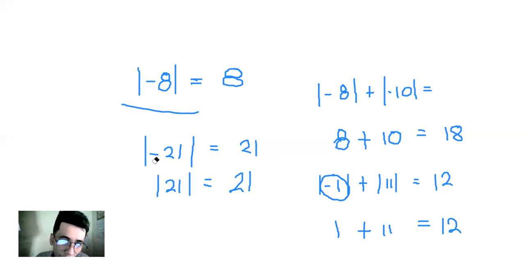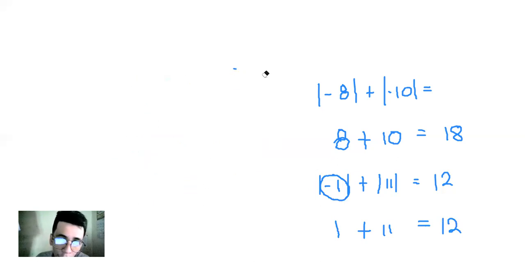So basta nasa loob siya ng absolute value, magiging positive yung value niya. Kailan lang siya magiging negative? For example, ganito. For example, nasa labas yung negative sign, then we have the absolute value of 11. Itong negative sign, hindi na siya sakop ng absolute value. So, ang magiging sagot natin dito is negative 11.